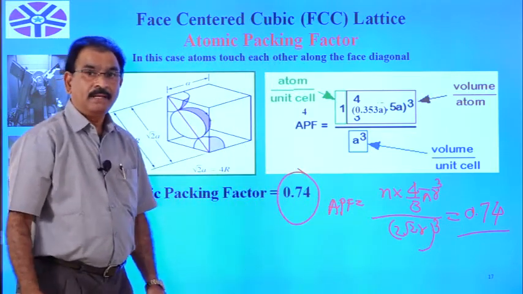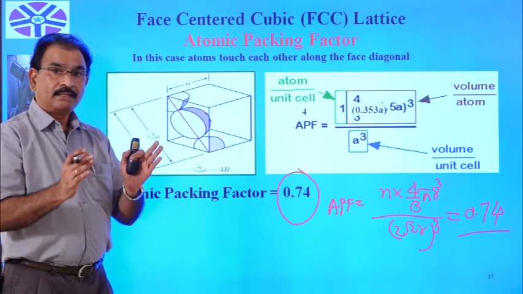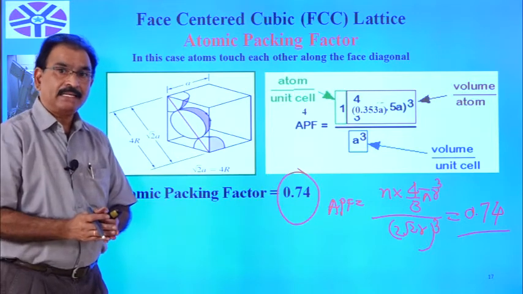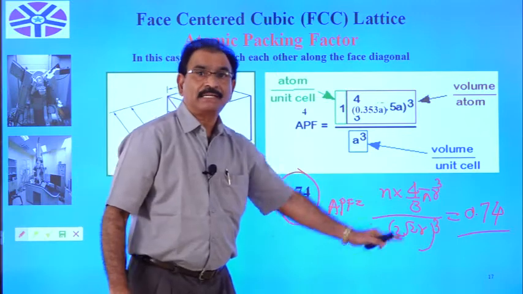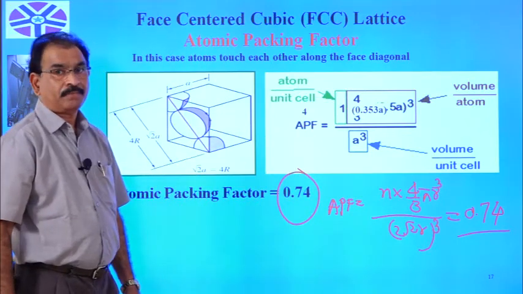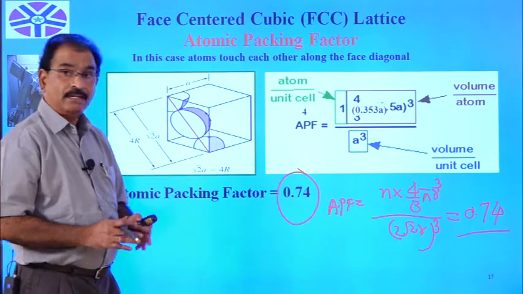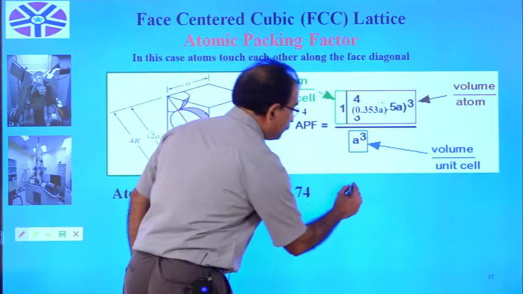It means 74% of the unit cell or lattice is occupied by the atoms, only 26% is empty. So, these are the features of FCC. Once again I write the features of FCC. What is the first one?